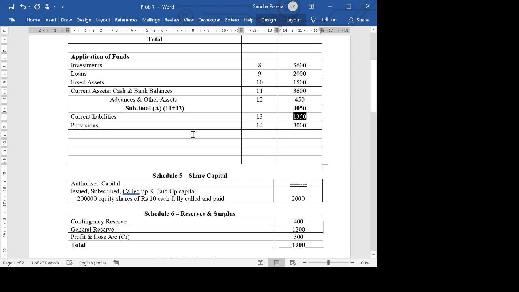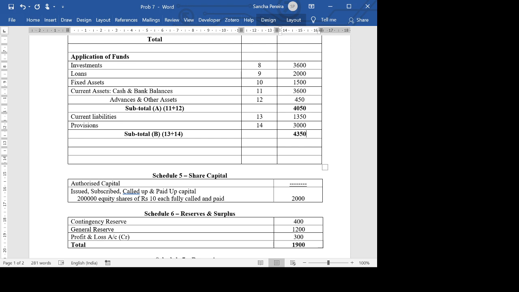Okay, so that gives me my subtotal B, which is 13 plus 14. And 13 plus 14 is going to be 4,350.